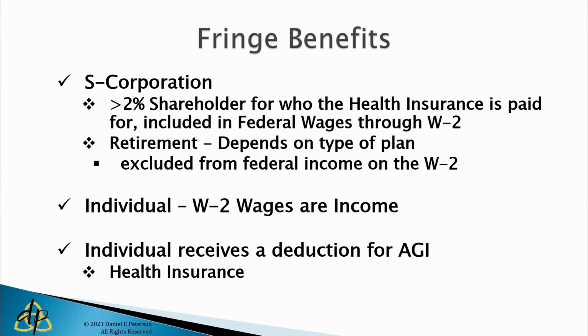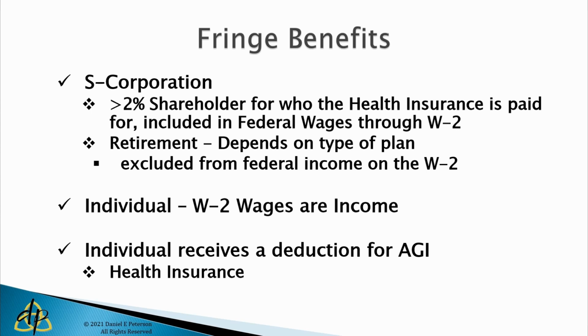The differential here between a sole proprietor and a partnership is that this health insurance premium that is paid by the S corporation will avoid Social Security and Medicare tax, whereas the sole proprietor and partnership will not. So there's a small edge to having that health insurance plan offered through an S corporation as opposed to the other two entities.